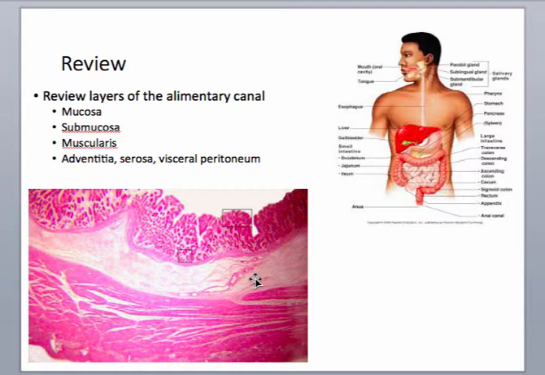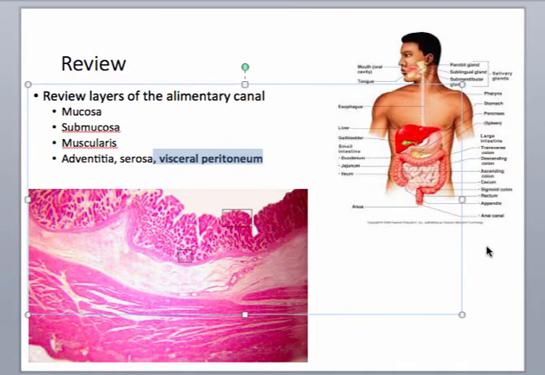And then the muscularis layer may contain multiple layers of itself. So for example, the stomach has 3 layers of muscle because of all the mixing and churning it does. And then lastly, the outermost row of cells has a couple different names. It's called the adventitia, it's called the serosa, and it's also called the visceral peritoneum.